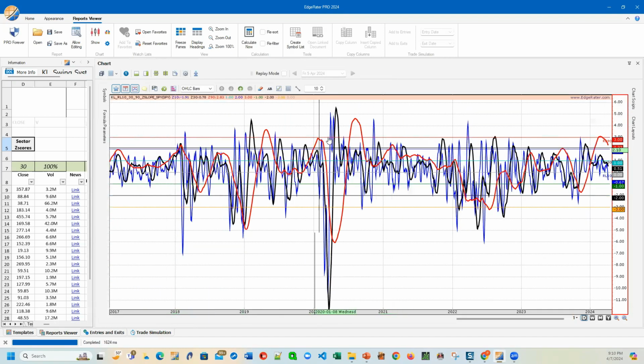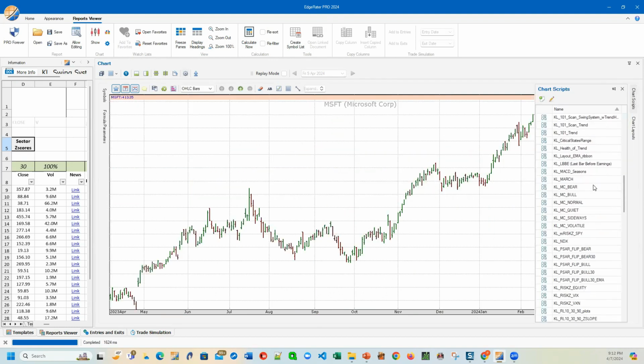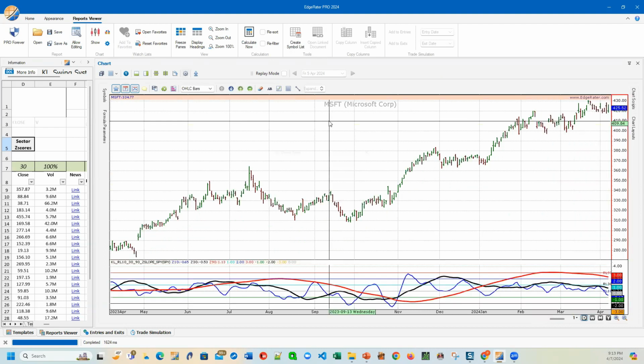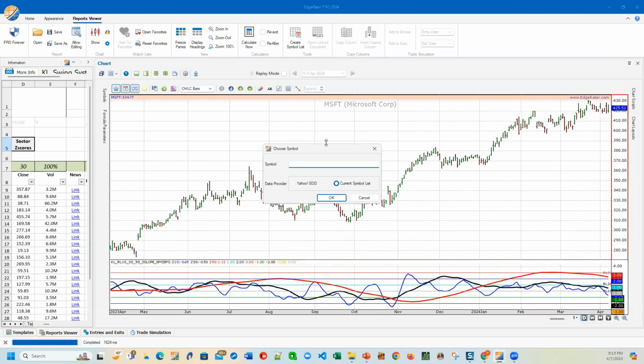So the red is the RL90. Let me see if I could add a slide here. Let me find the indicator. We hit the space bar, and then you can type in SPY here.